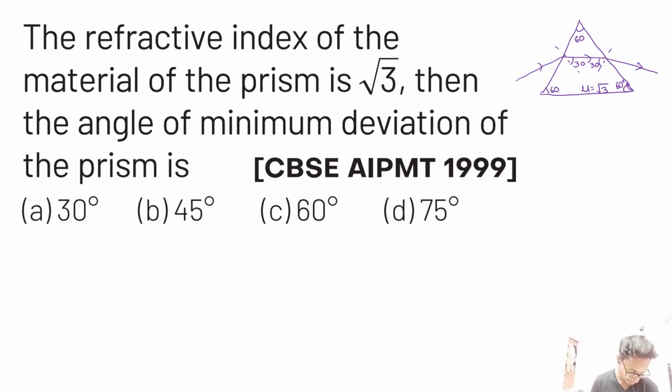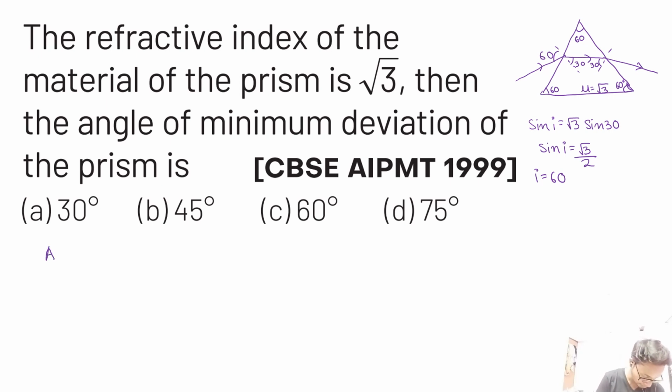And I is such that sine I is equal to √3 sine 30, or sine I is equal to √3 into 1 by 2, or I is equal to 60 degrees.